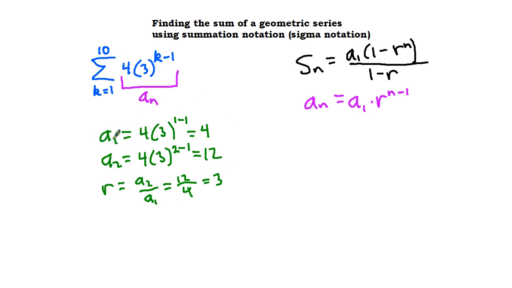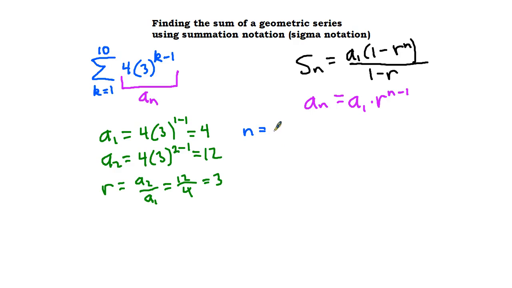Well, now we know what r is, and we know what a sub 1 is. We still need to know the number of terms in the series, that's n. Now, n in this particular case is a little bit different than the n that we've seen all along. A lot of times n is the number of a particular term.